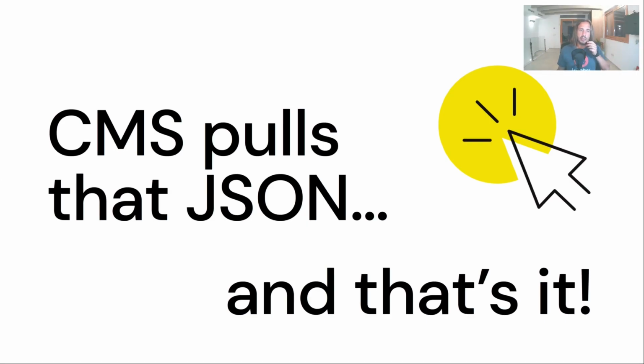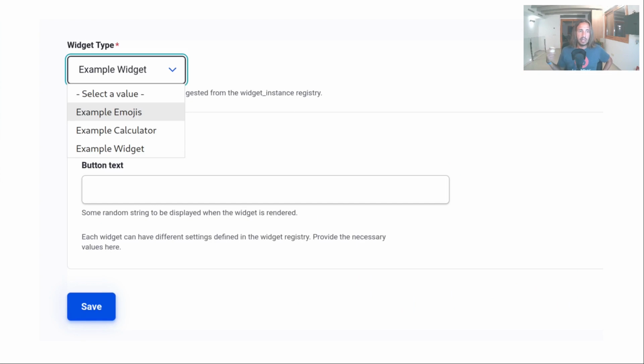Finally, the CMS pulls that JSON object, knows about each one of the widgets, knows how to reach out for the JavaScript, CSS, and assets that it needs to embed every time that it renders them, and that's it, right? You get that nice UI in your editorial site, and you get to start seeing widgets appear into your editorial tools, and you can embed them and configure them, right?